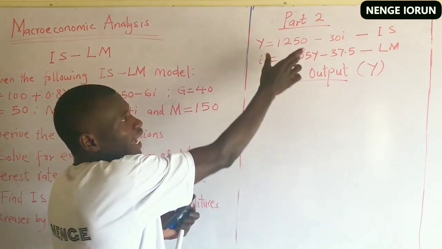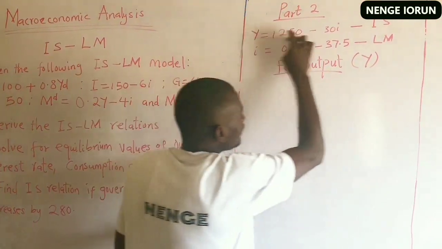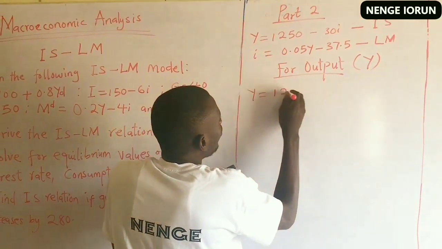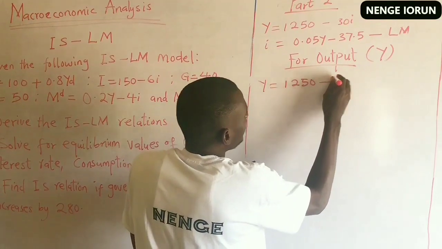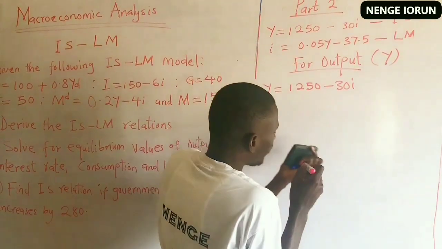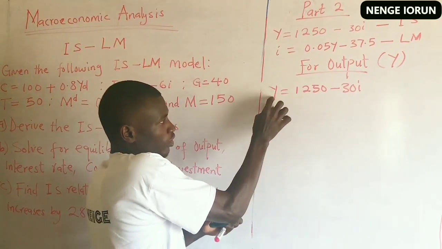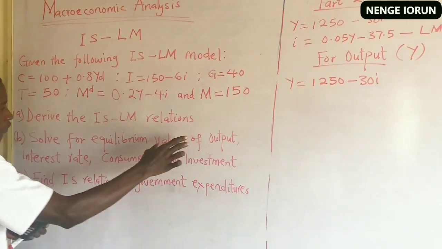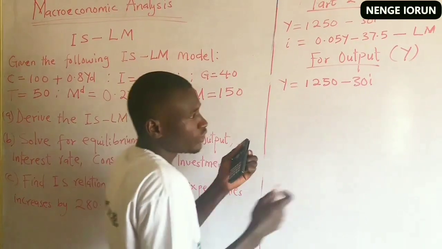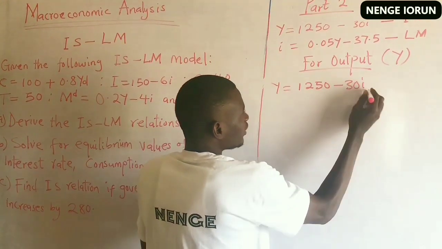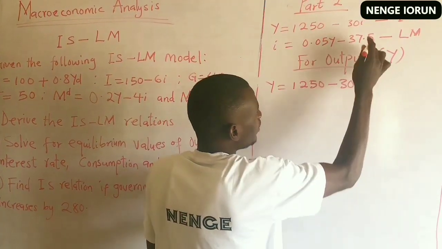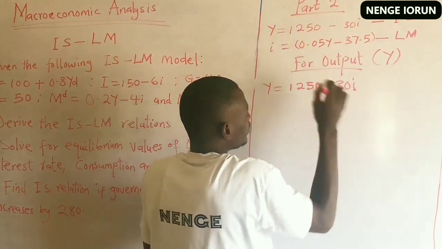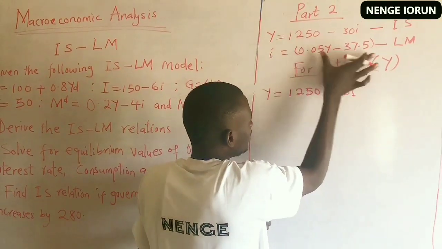Now to find the actual value of this relation, Y equal to 1250 minus 30i, you want to get the actual value of this Y, that is the equilibrium value for output. You substitute the value for i, which is given here. In place of this i, you put this value.